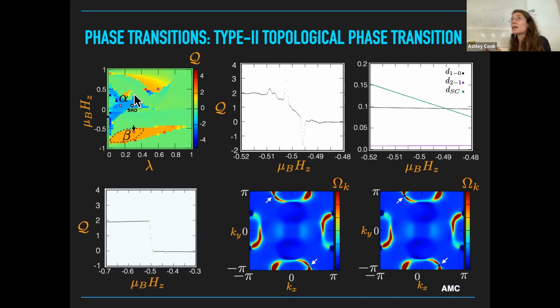Basically, there's a closing of the superconducting gap across those lines in phase space. But I really want to show you the more interesting case here, where I'm considering a cut through lambda equals 0.3, and I'm varying the applied Zeeman field and just checking on what happens to the Skyrmion number as I tune the applied field.